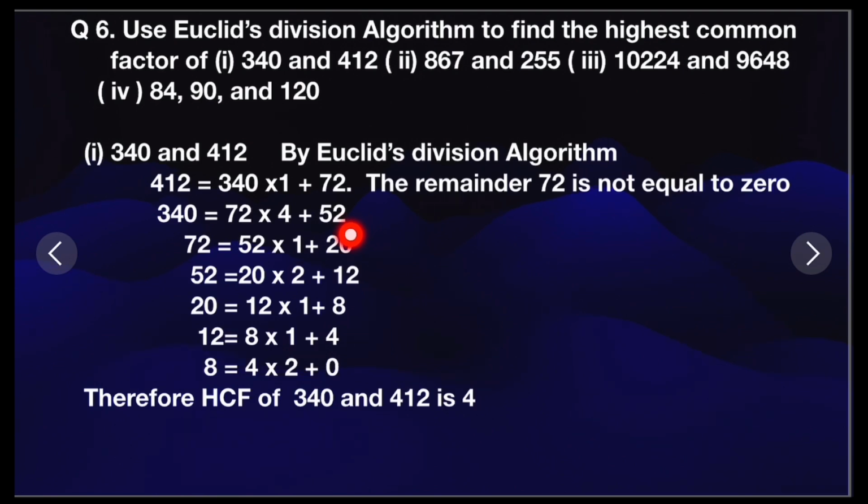Still it is not equal to 0, so next step, again you will take this divisor as the dividend and this remainder as the divisor. And continue doing the division till you get the remainder as 0. So here it is. When you divide 8 by 4, you get the remainder 0. So this divisor 4 is the HCF of these two numbers.